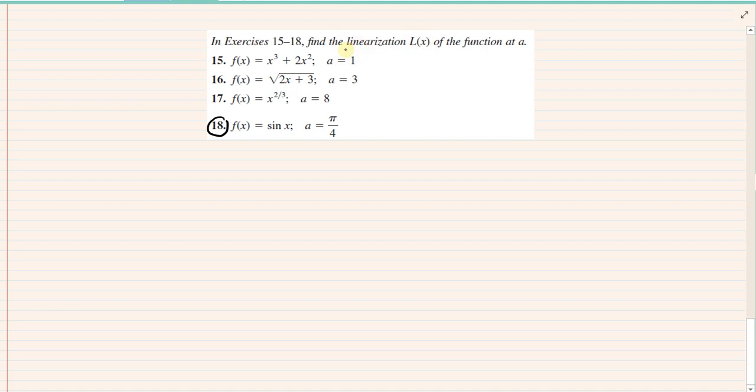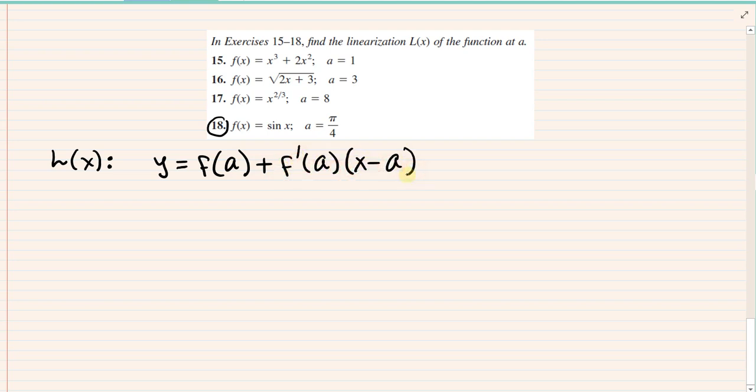So the formula we had for linearization is y equals f at a plus f prime at a times x minus a, right? That was the formula for linearization.